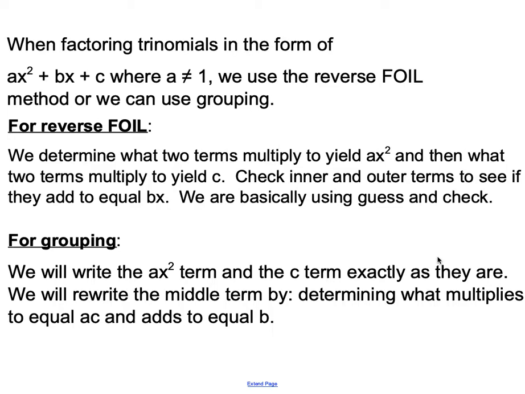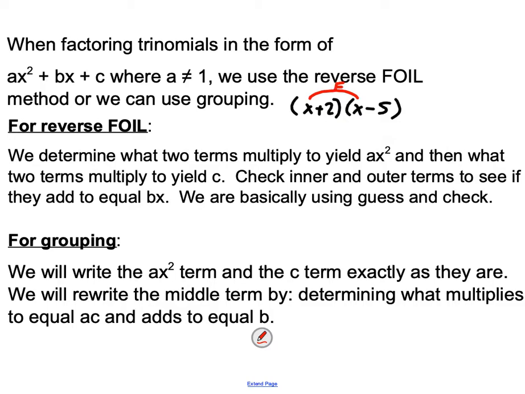So let me remind you what foiling is. If you have two terms like x plus 2 times x minus 5, FOIL stands for different words here. F is first, and those two are your first terms there.